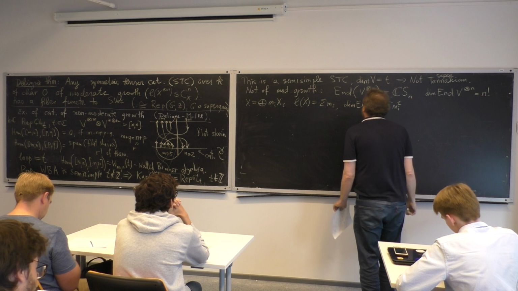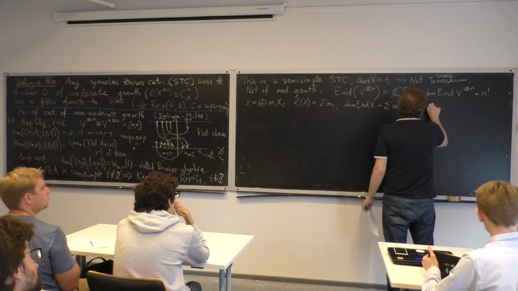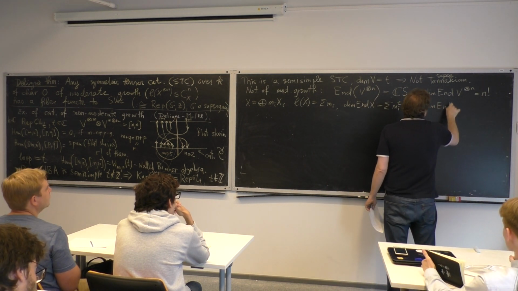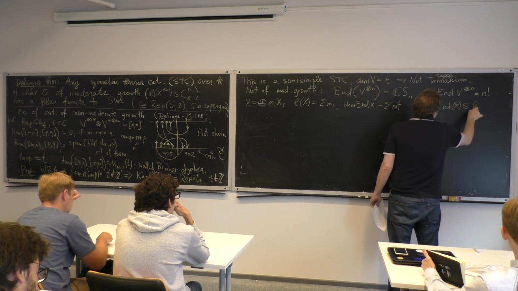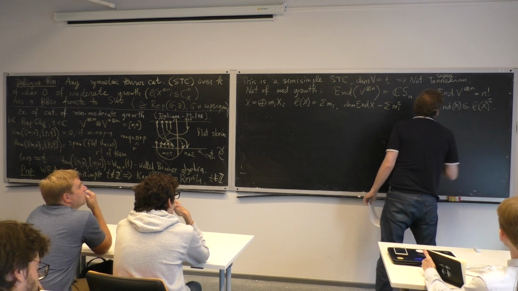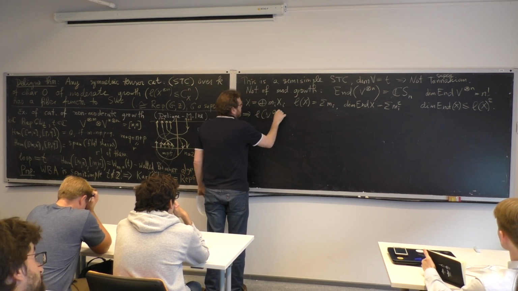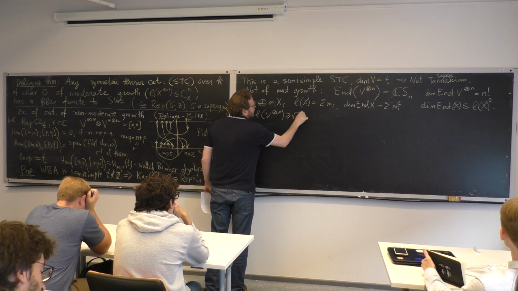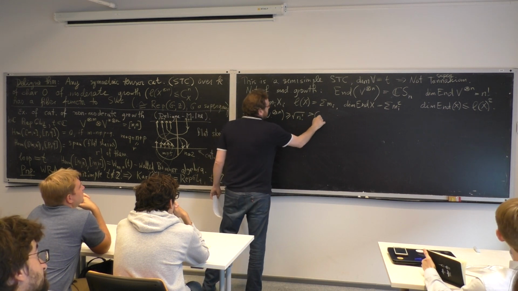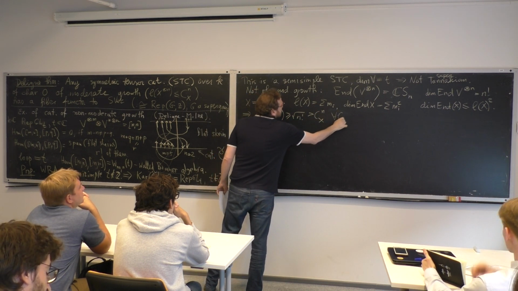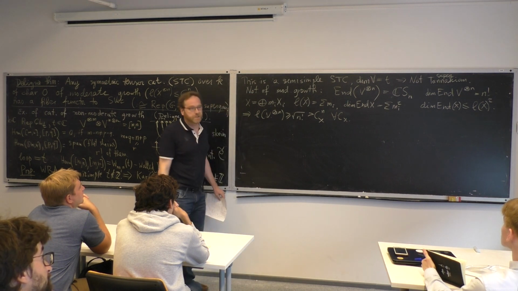So we have an obvious inequality that the dimension of the endomorphism algebra of x is less than or equal to the length of x squared. And this implies that the length of V^n is at least square root of n factorial, which is bigger than C^n for any C, for sufficiently large n.